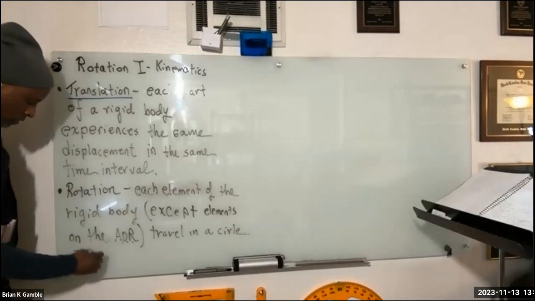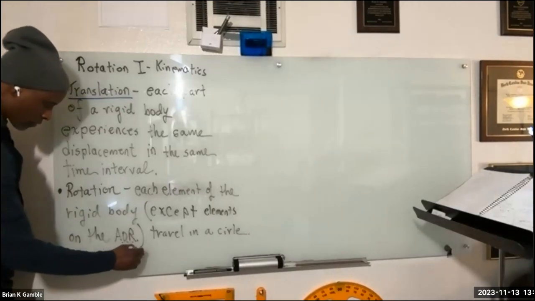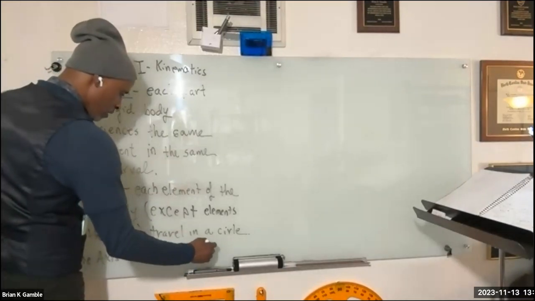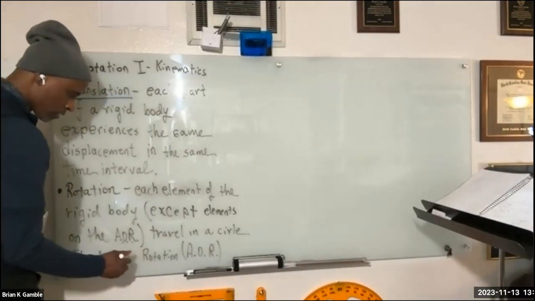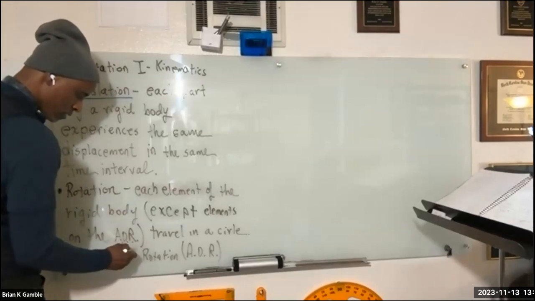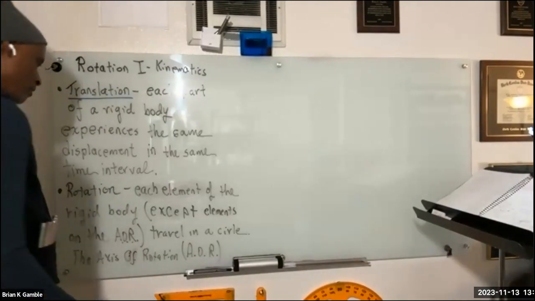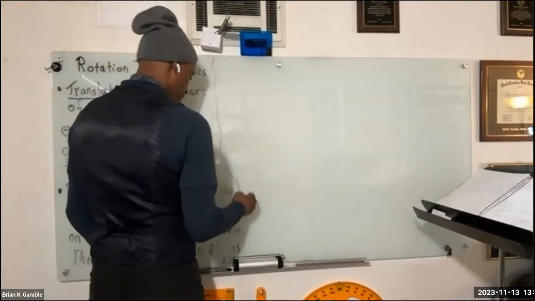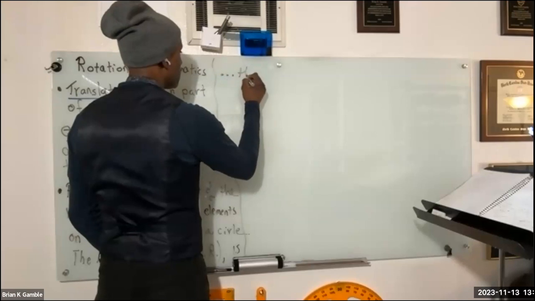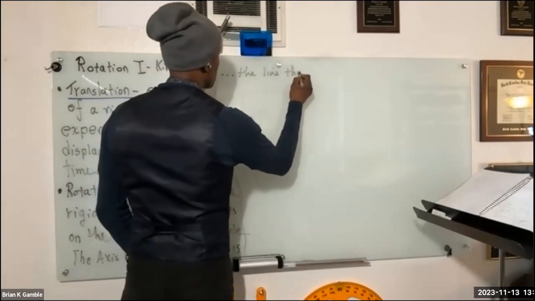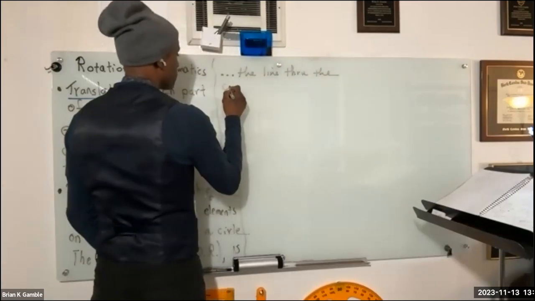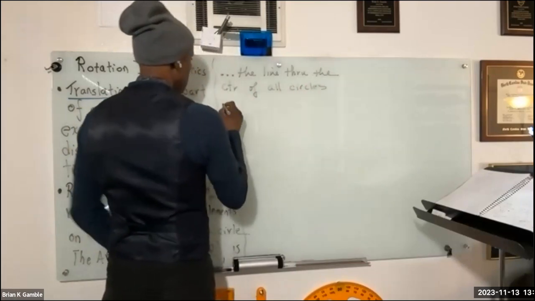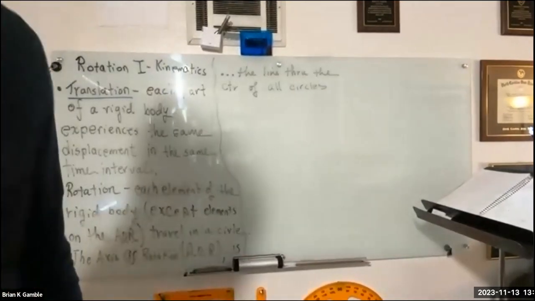The axis of rotation, abbreviated AOR, is the line through the center of all circles mapped out by all elements.